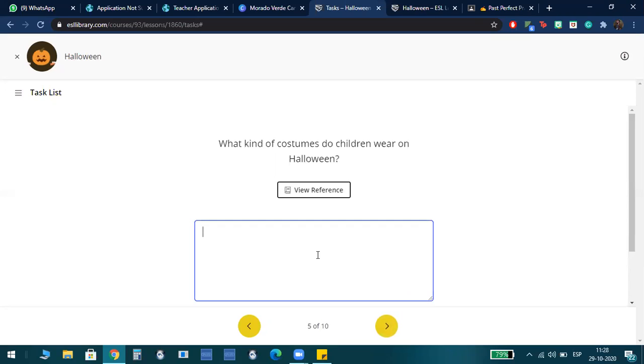And then, what kind of costumes do children wear on Halloween? What kind of costumes? A character of a movie.